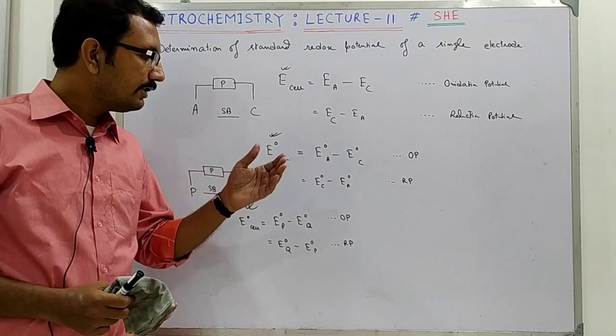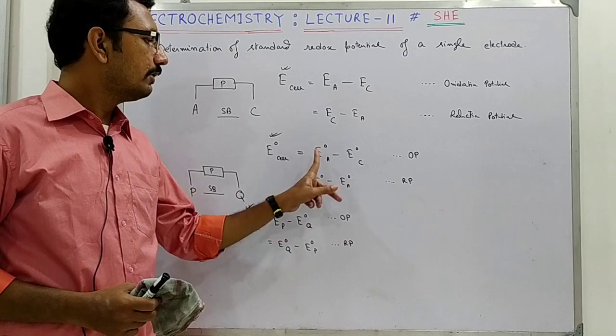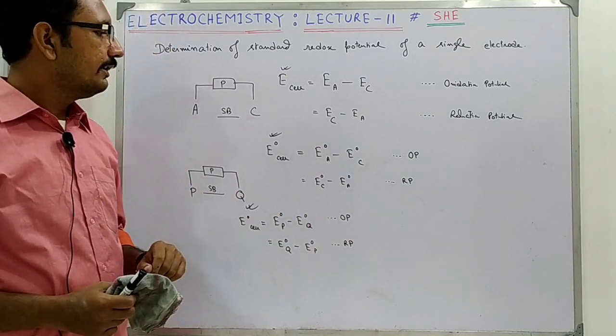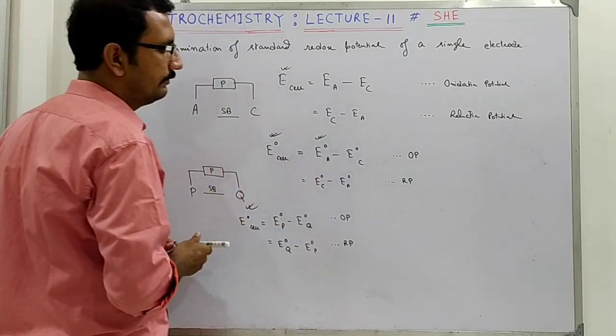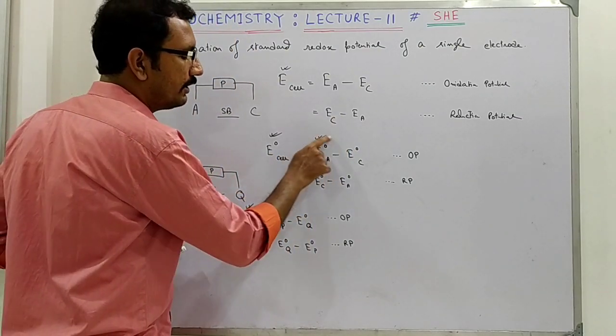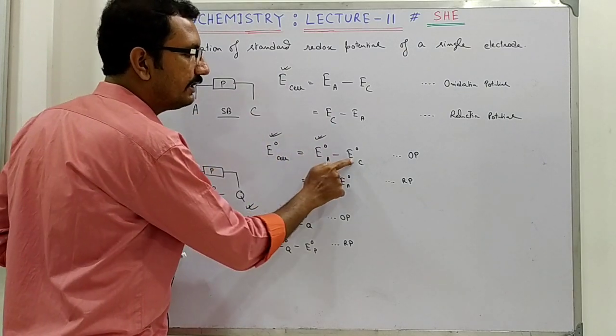Then what is the procedure to determine this value or this value? If you can determine this value, that is the oxidation potential of this anode, and if you know it, you will be able to determine this value.